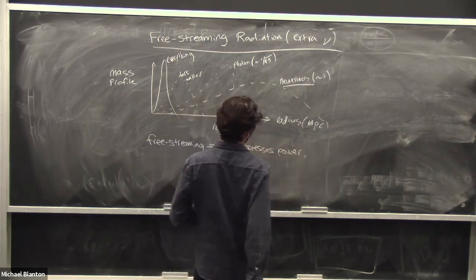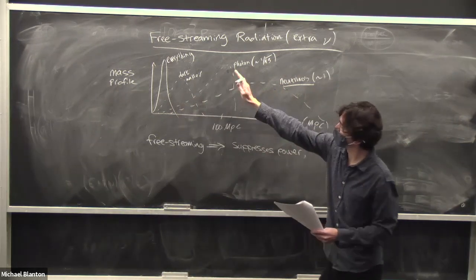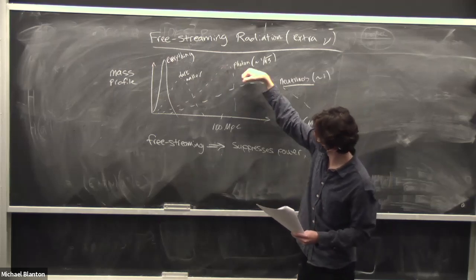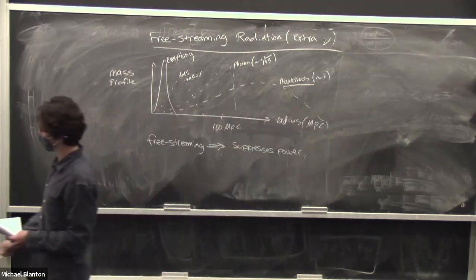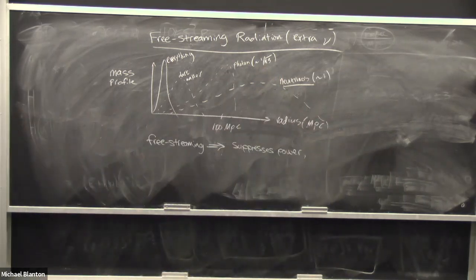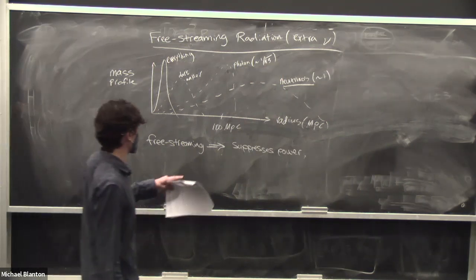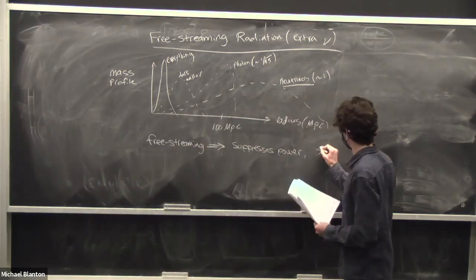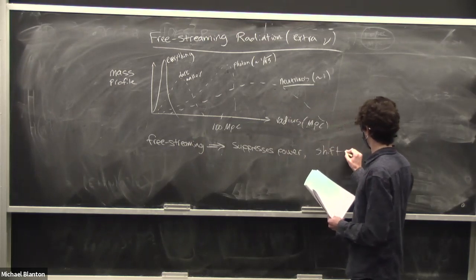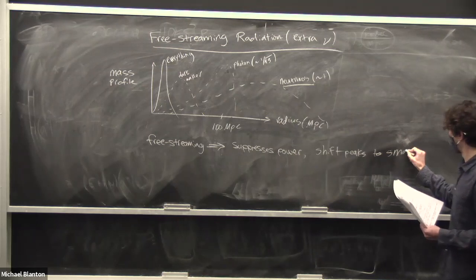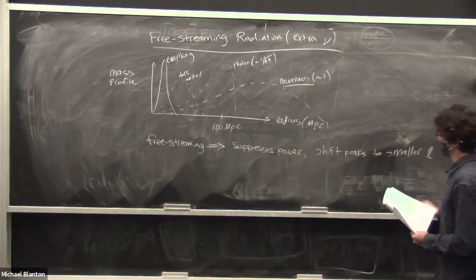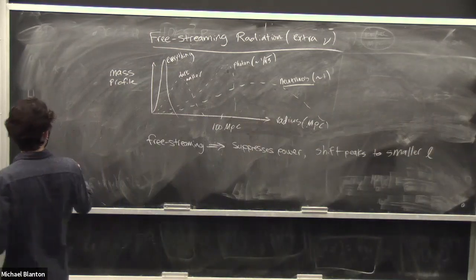It also pulls the photon perturbations out to higher distances. L is roughly 1 over an angle on the sky. So if you move a perturbation out to larger distances, you're going to shift your peaks in the CMB to smaller L.